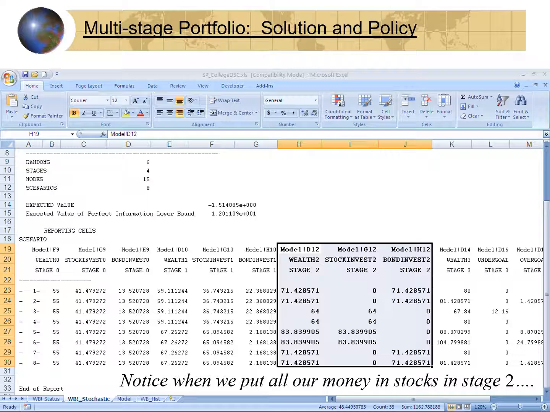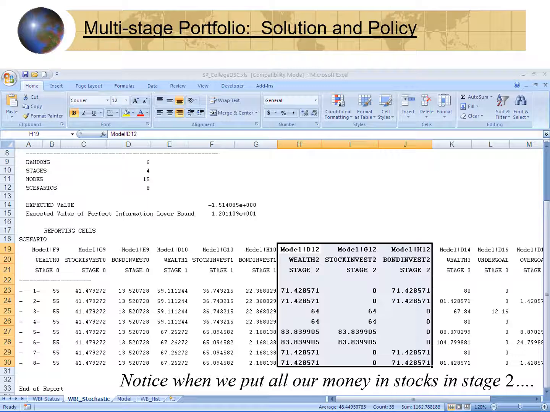Similarly, if we had 83,000.84, we'd put all of it into stocks. So this is kind of curious. Notice this, that if we had very low wealth, 64, we put everything into stocks, or if we have quite high wealth, 83.83, we put everything into stocks.